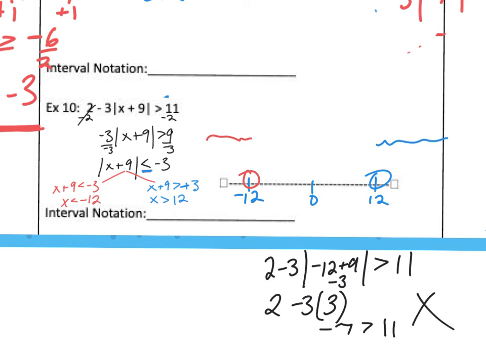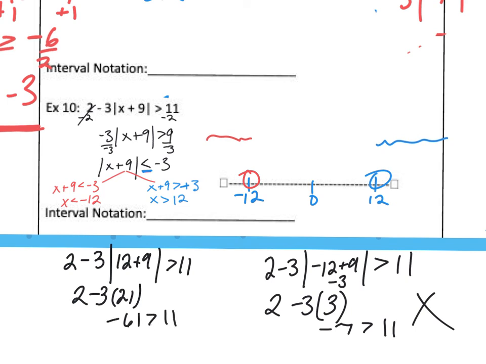No. Let's plug in the other number now. 2 minus 3 times the absolute value of positive 12 plus 9 is greater than 11. 12 plus 9 is 21. And 2 minus 3 times 21 is negative 61. Is negative 61 greater than 11? No. So this is another no solution.